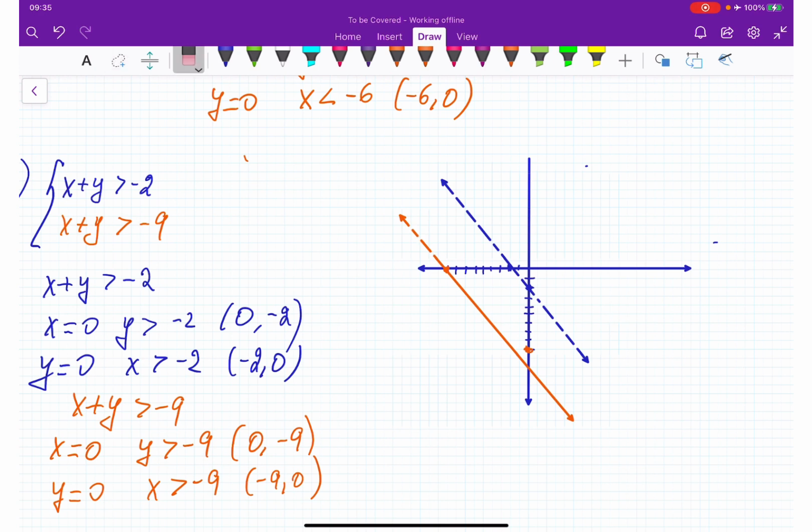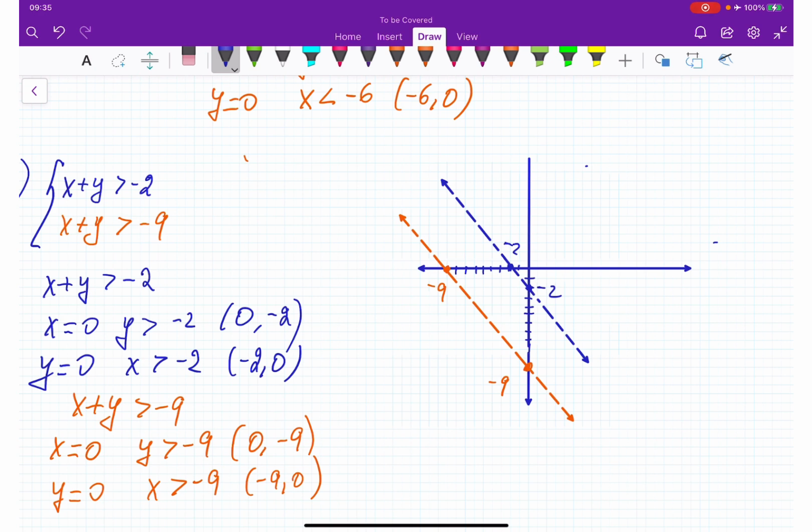So I'll write down, it's supposed to be negative 9, negative 9, if I would measure precisely. So let me clean this. Okay. This point is negative 9, and this point is negative 9. This point is negative 2, and this point is negative 2.